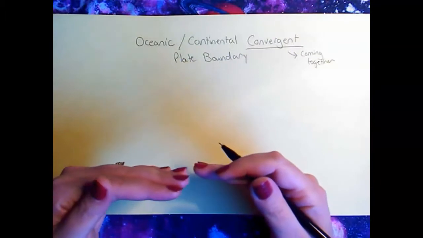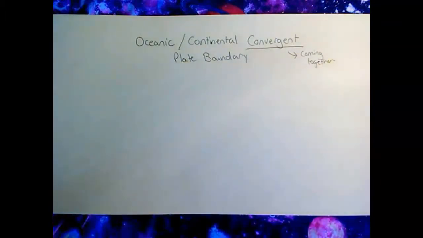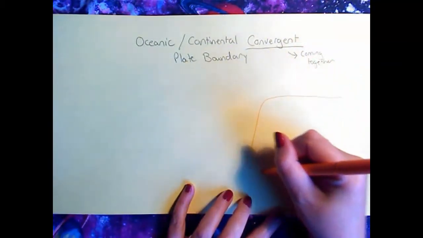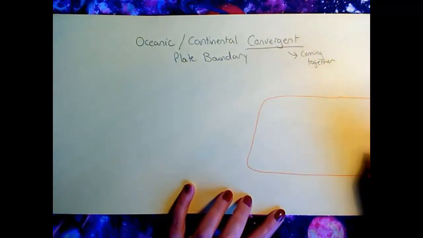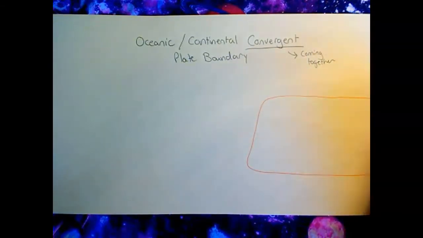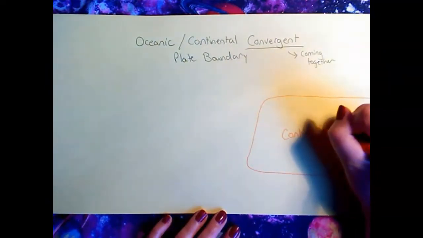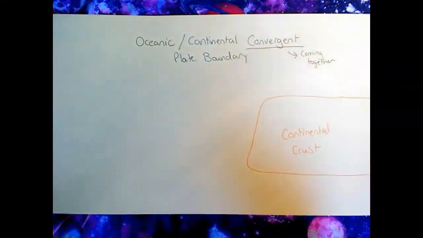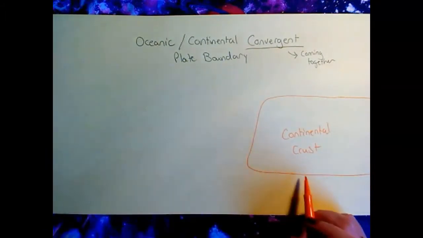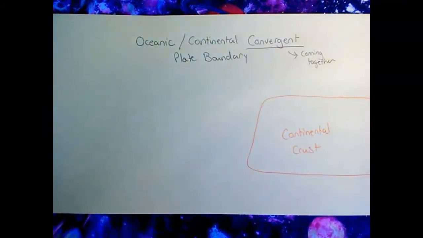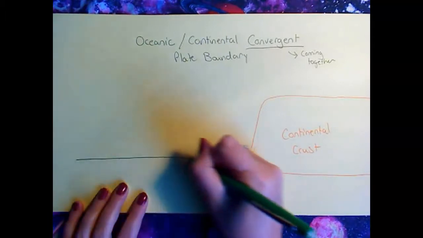And these plates are going to run into each other. So let's draw a nice piece of continental crust over here on the right side of our paper. Now, if you'll remember, that continental crust is going to be way thicker than the oceanic crust. And it's also going to be less dense. So when continental crust and oceanic crust collide, so over here I'm going to draw some oceanic crust.